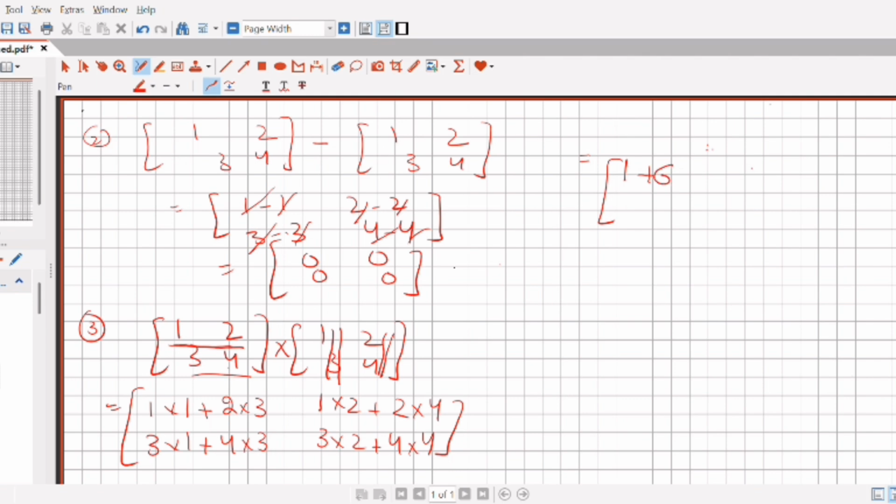Then 2 ones are 2 plus 2 fours are 8. 3 ones are 3 plus 3 fours are 12. Then 3 twos are 6 plus 4 fours are 16. So 6 plus 1 is 7, 8 plus 2 is 10, 15, 22. That's it.